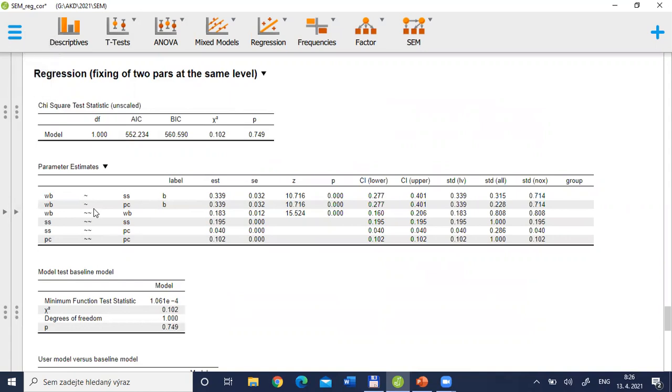Once again, the p-value is quite big. What does it mean in a structural equation model if the p-value is quite big? What are the hypotheses behind this test? So once again, the null hypothesis says that the model fits my data, an alternative that it doesn't fit my data. So what will be the conclusion here?